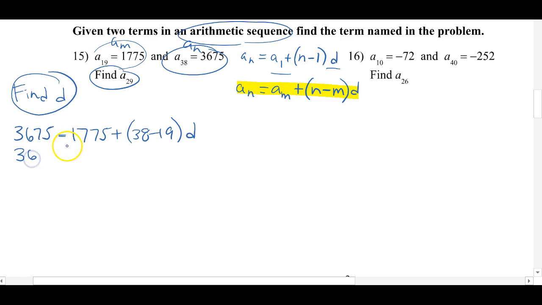So now, at the same time I combine what's inside the parentheses, I'm going to subtract the 1775 from both sides. Just going to do it all at the same time.